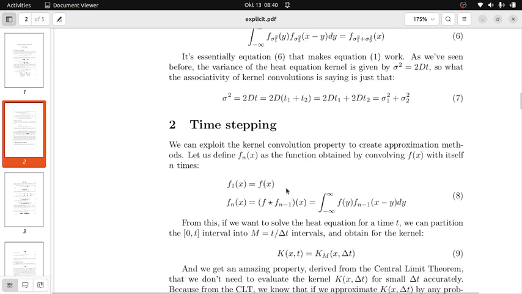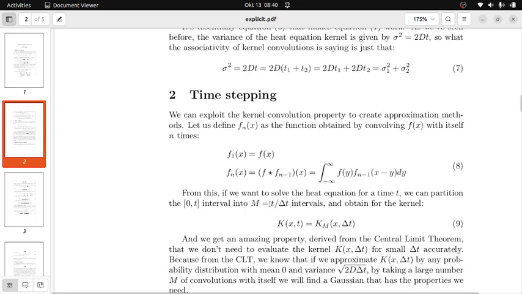Here's just the definition of it. f1 is just f, and fn is f star fn minus 1, and this is the recursive definition of the fact that you are simply taking the kernel and convolving it with itself n times. If we divide the time interval into m steps, we just need to compute the kernel at a time step delta t and take the convolution m times, and we have our kernel.